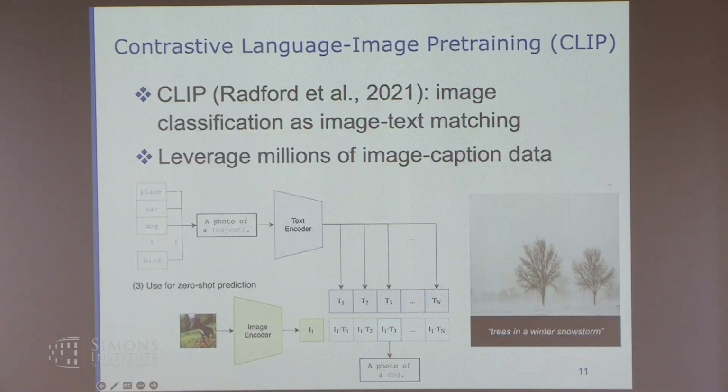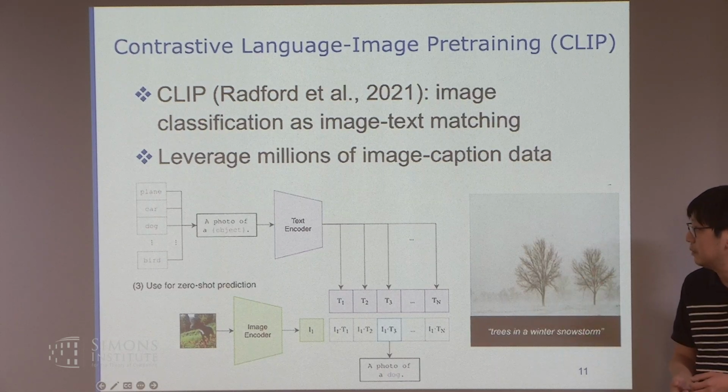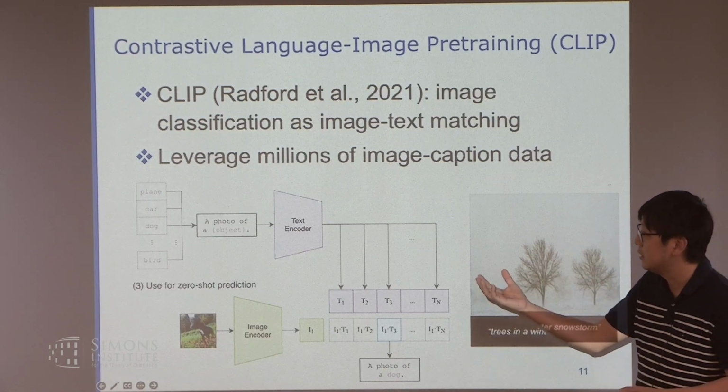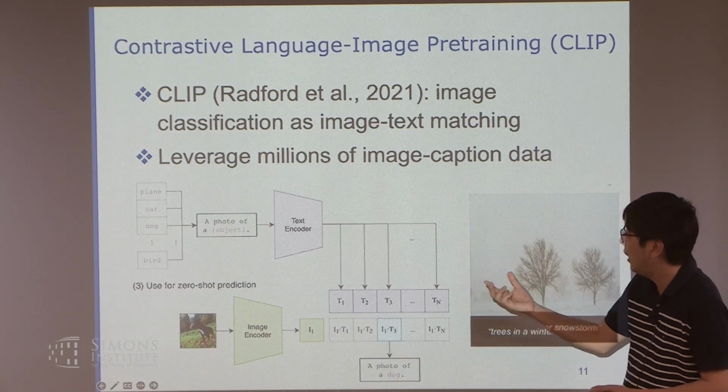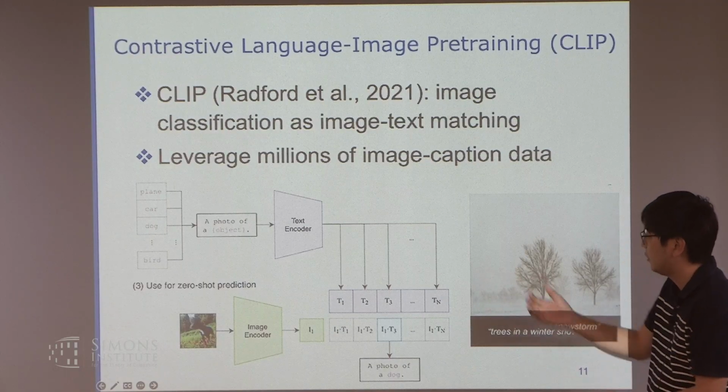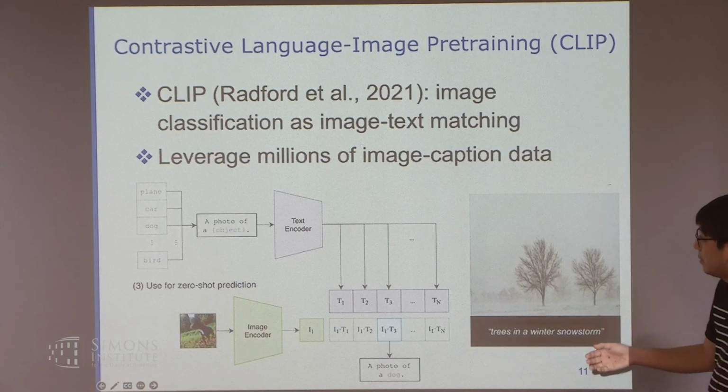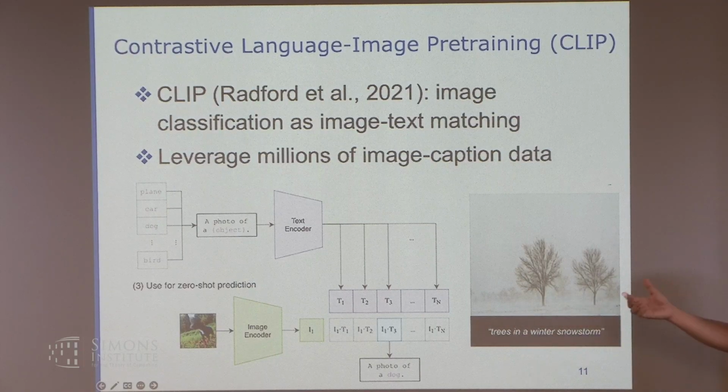So fast forward to 2021, people were very excited about this CLIP model because you can simply put a caption, say a photo of something, and by using this contrastive learning objective, the model will be able to identify some new objects.